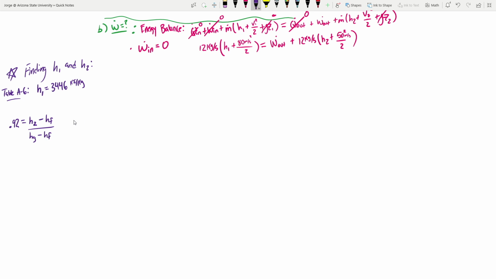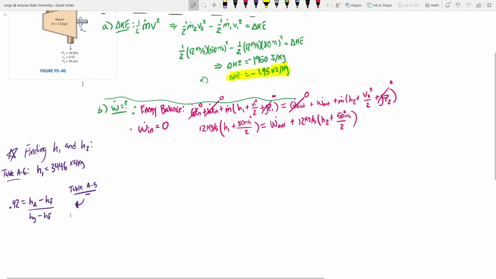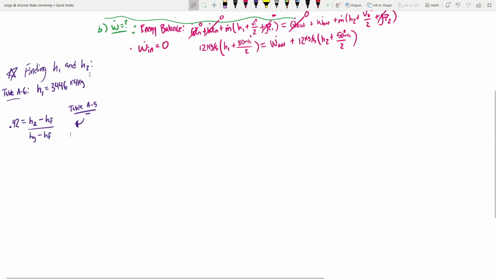Okay, and now looking at table A5, we can find the Hf and Hg that correspond to 30 kPa in the saturation table. Excuse me. Okay, so if we go ahead and do that, we get values of approximately, for Hf at least, 289.27.